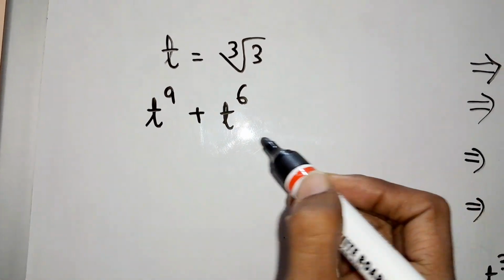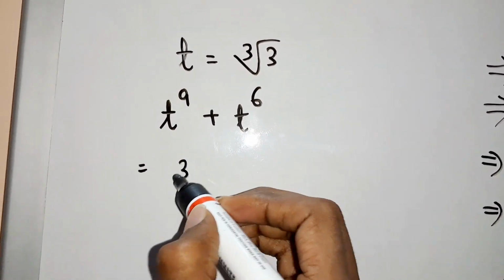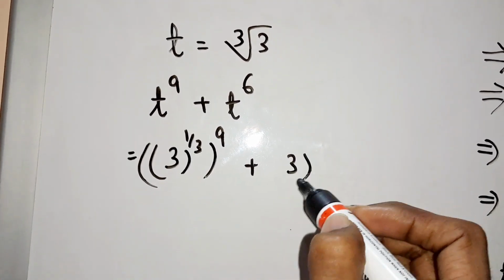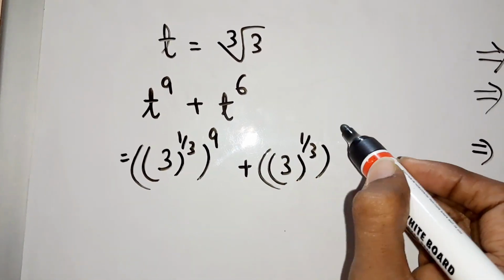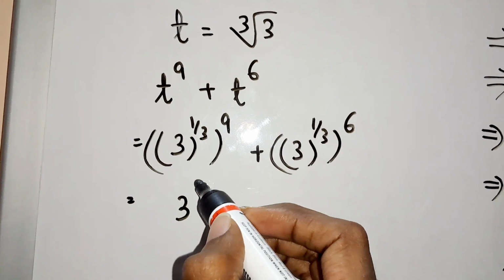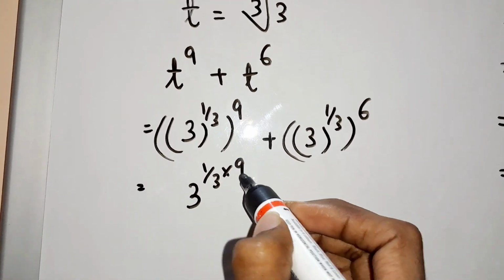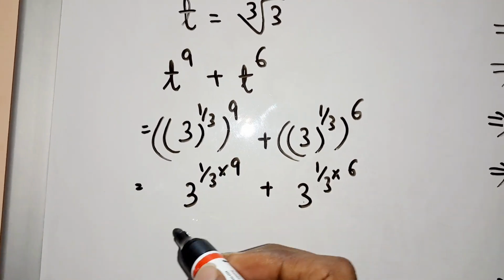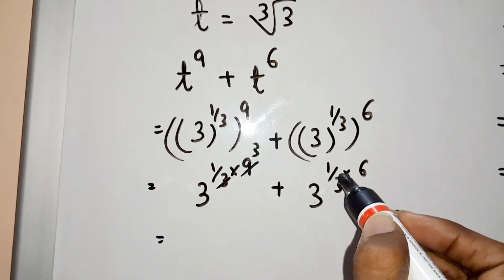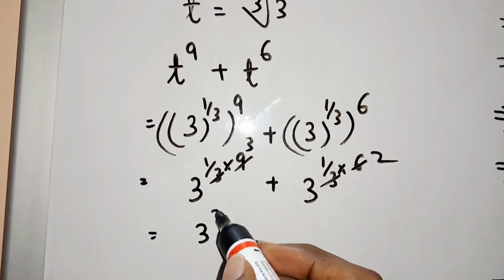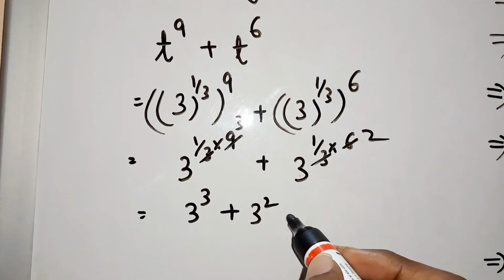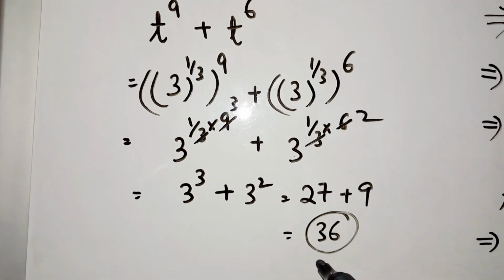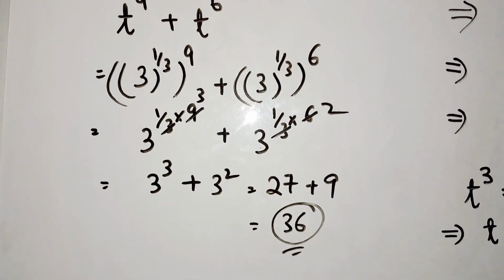So we substitute 3 to the power 1 by 3 whole to the power 9 plus 3 to the power 1 by 3 whole to the power 6, which is 3 to the power 1 by 3 multiplied by 9, plus 3 to the power 1 by 3 multiplied by 6. The 3s cancel, so we get 3 cube plus 3 square, which is 27 plus 9, which is 36, our required answer. So it is correct.